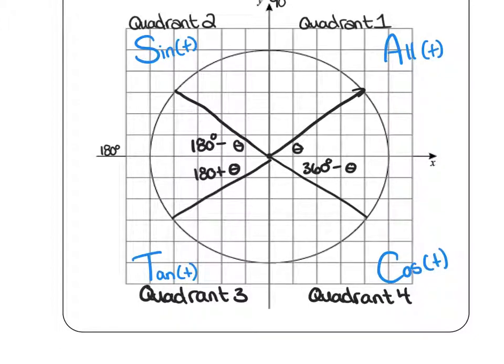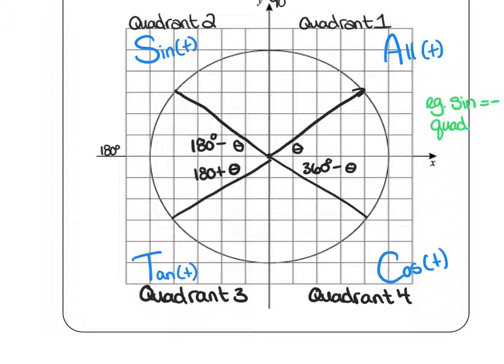So how do you know there are two angles that are the same? If you have a ratio, let's say for example, sine is equal to a negative, then I know we're going to have our angles in certain quadrants. You have to ask yourself, when is sine negative?